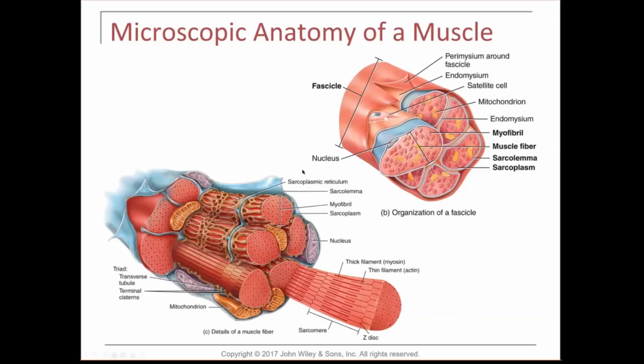Now, in order for this muscle fiber to actually contract, there needs to be some activity that takes place at the sarcolemma, right? That activity is the electrical signal that gets sent from the neuron. It basically makes contact with the sarcolemma, and as a result of that contact, the muscle fiber will start to contract.